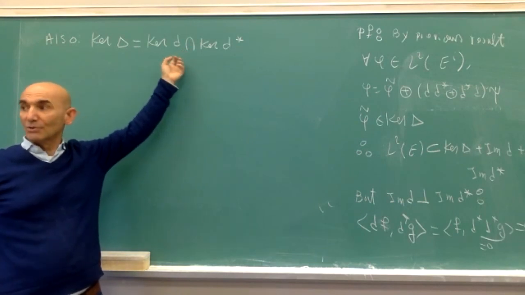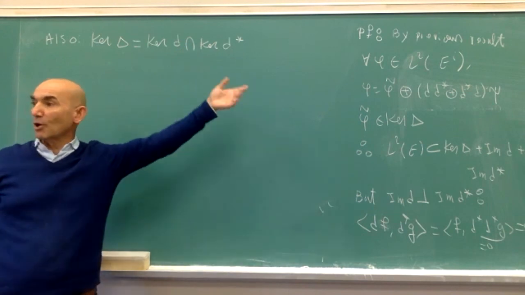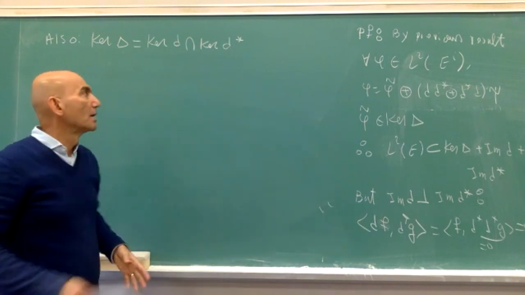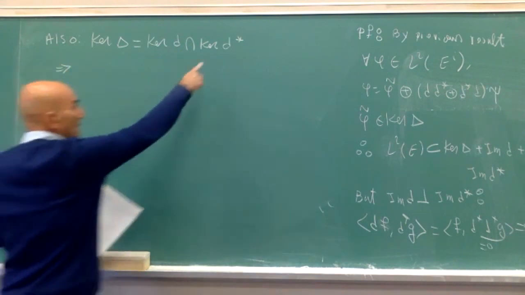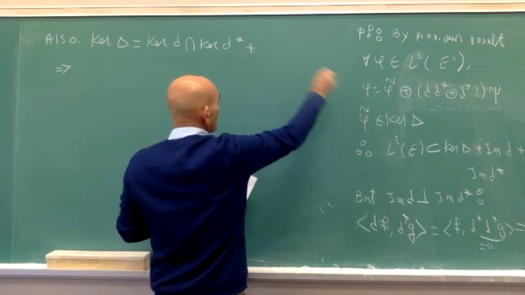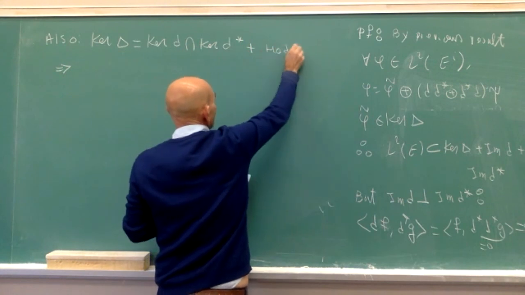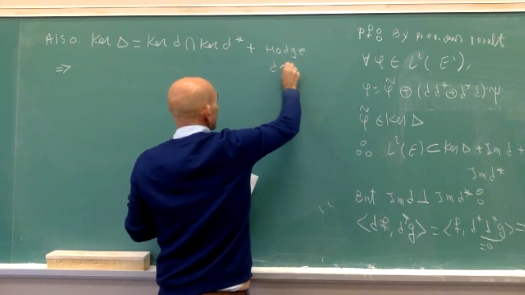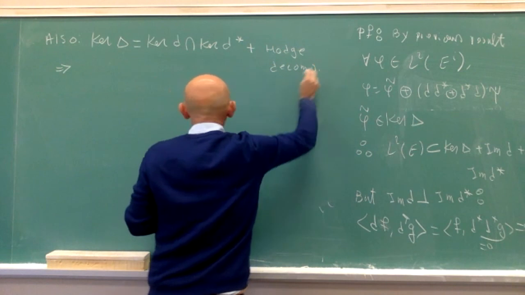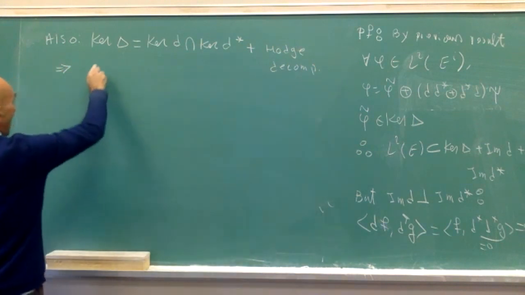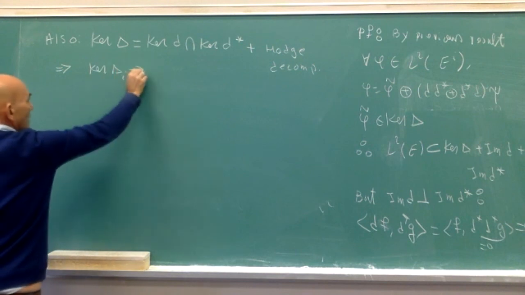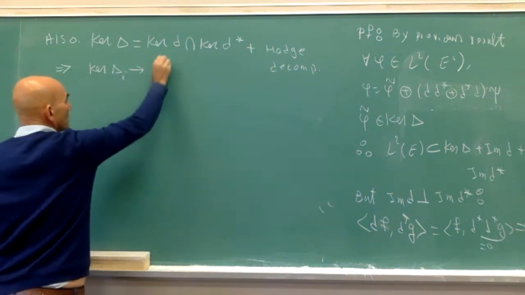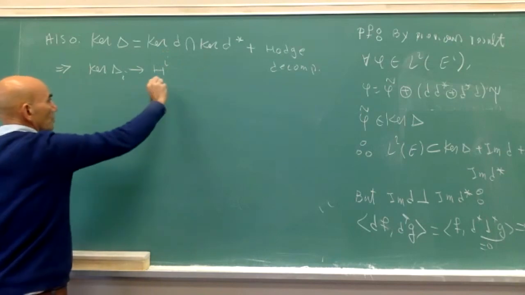In this case, it's also true by formally the same argument. So this plus the Hodge decomposition implies that the map from the kernel of delta i to H i is an isomorphism.